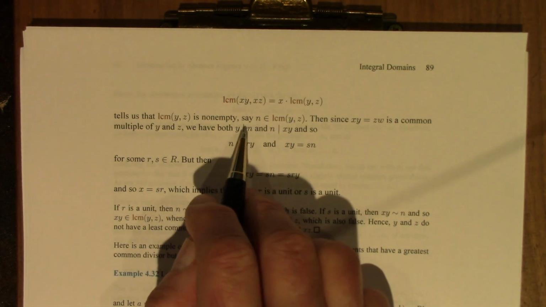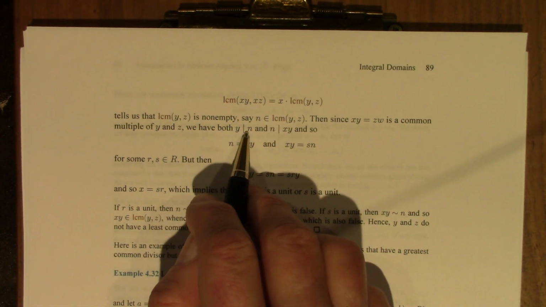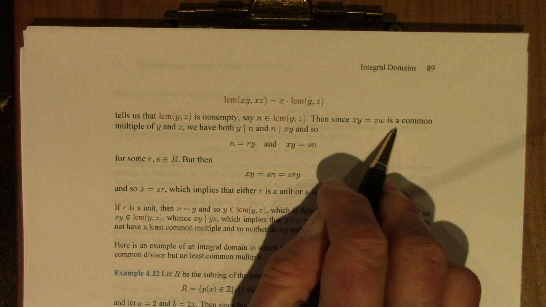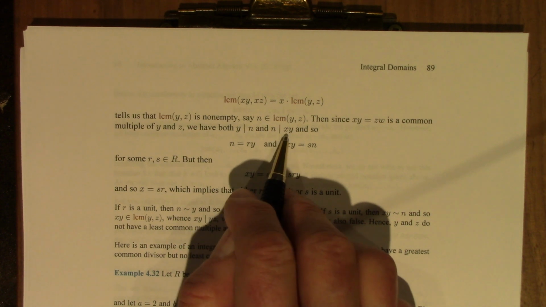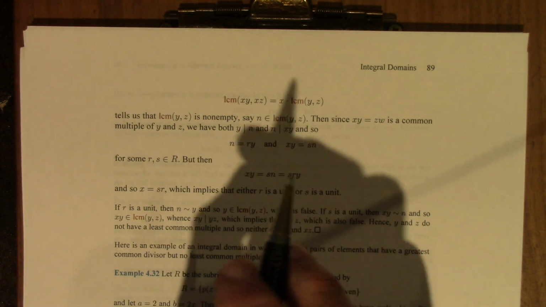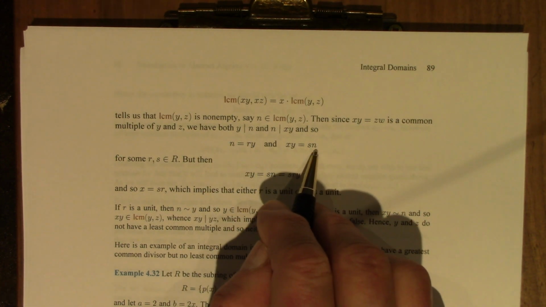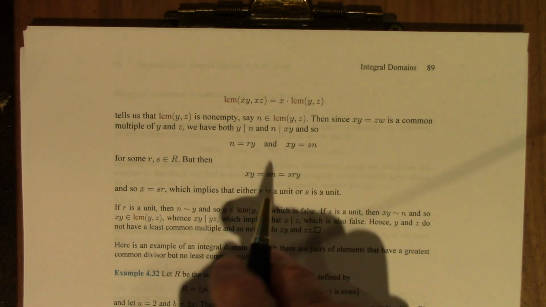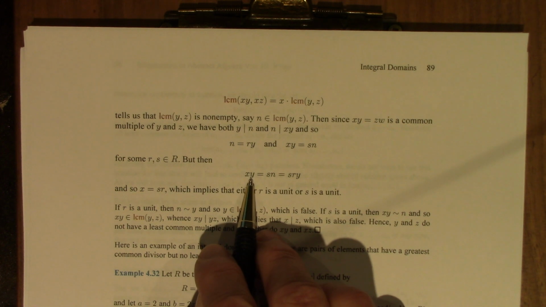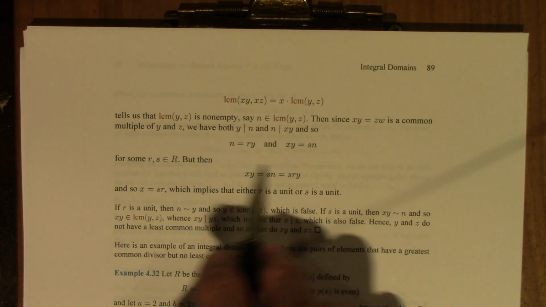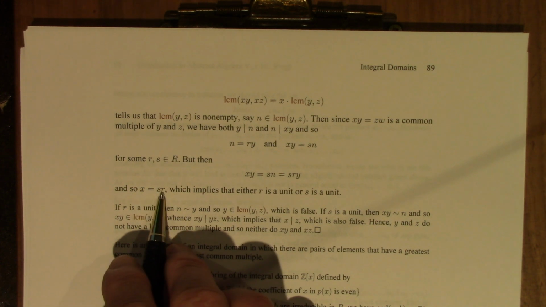And so we have y divides n because n is a multiple of y, and because of what I just said, n divides xy. So n equals ry and xy equals sn for elements r and s in the ring. But then xy equals sn equals sry, and so x equals sr.